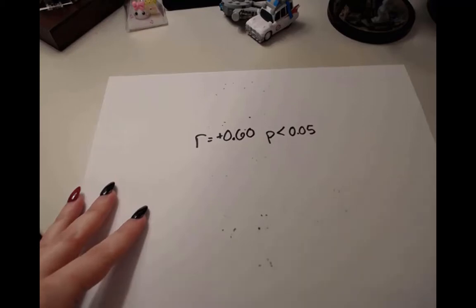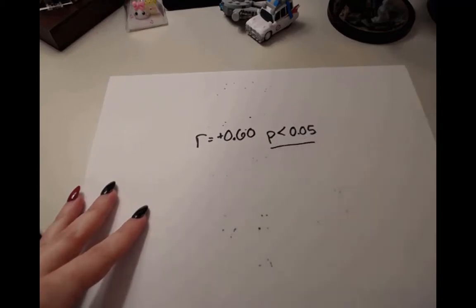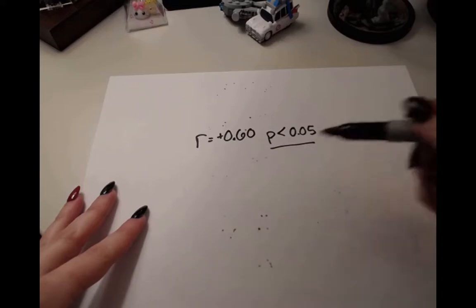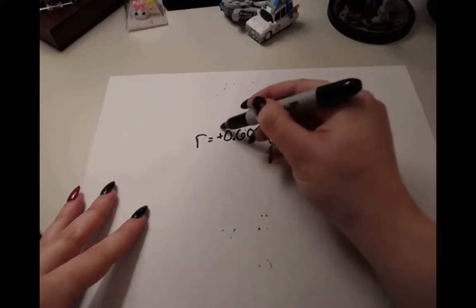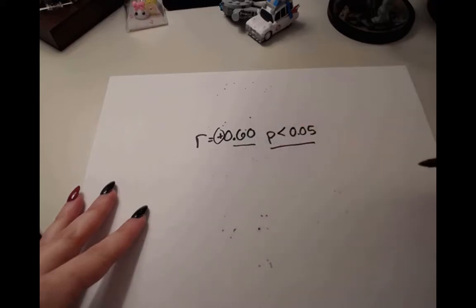Now, usually when you're given correlation results, you're also given a p-value. And if you remember, your p-value is your probability of a type 1 error, and if a p-value is less than 0.05, it's considered statistically significant. So if I'm given results that look like this, I've got lots of information. Again, this is a positive correlation. That is a 0.6 on strength, so stronger than it is weak.